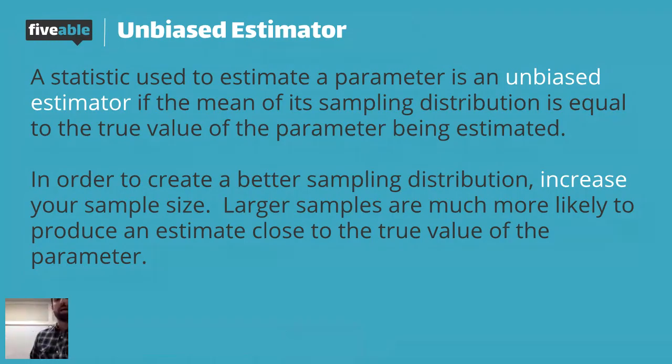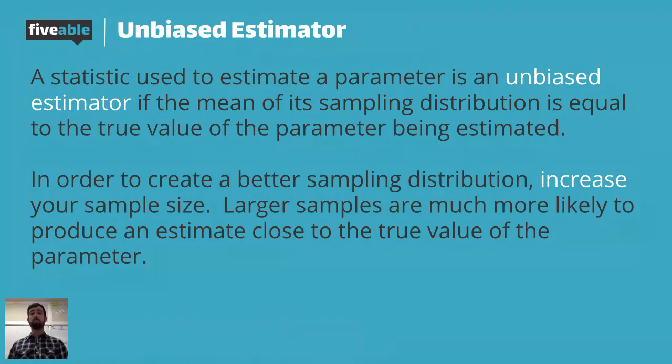So let's go back to my BBs. If I take a bunch of samples and the average of that distribution equals the true parameter, then I have an unbiased estimator, meaning the way I sampled is unbiased and it'll get me the true parameter.